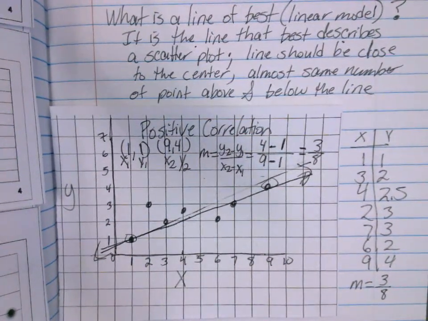Now we're going to find B. In order to find B, we pick one of those points to substitute. Which one do you think is the easiest? 1, 1. That's the one I would choose.